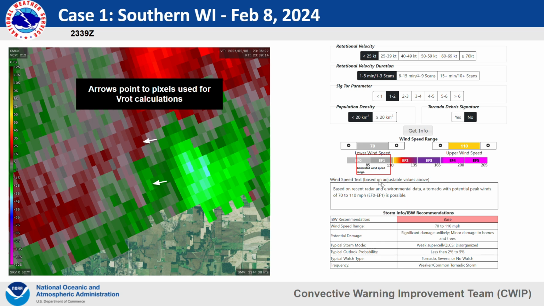And sampling the rotational velocity of this couplet is a little bit difficult because it's so weak, but generally it's around 15 knots, and you can see the arrows denote the pixels I used for calculating that VROT. And once we apply all of our inputs here, less than 25 knots, it's the first scan. STP is between 1 and 2. It generates a wind speed range of 70 to 110 miles per hour.